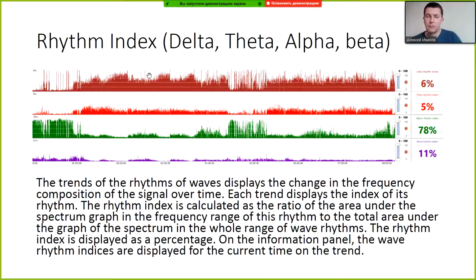Then delta rhythm becomes more prominent. Theta and beta rhythms are at the same level during the whole recording. On the information panel we can see the current value of each rhythm index. The sum of these digits is 100.